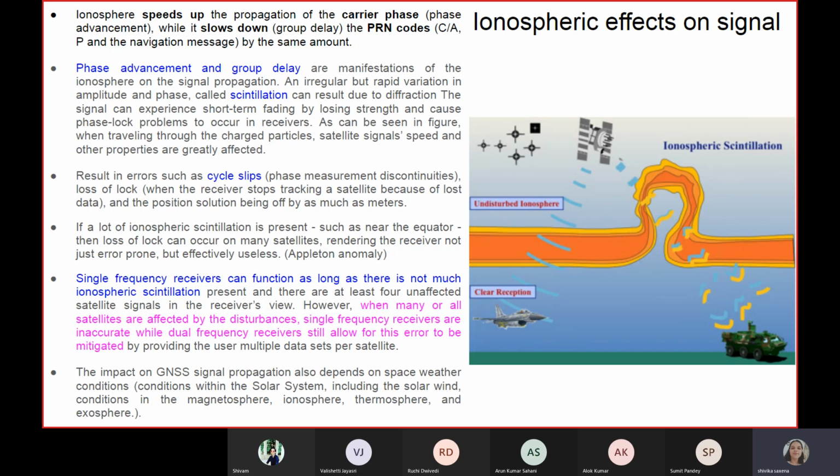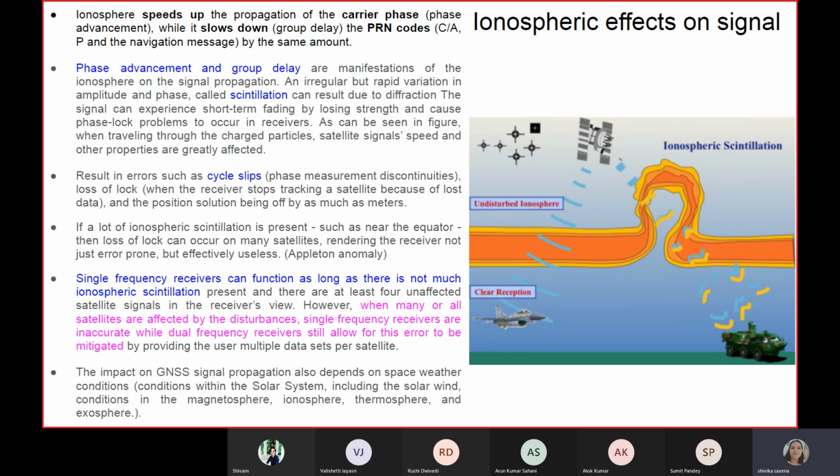Scintillation can result due to diffraction of the signal while it is propagating through the ionosphere, and short-term fading and loss of strength can cause phase lock problems to occur in the receiver. So these are the types of errors that can happen during the ionospheric delay.